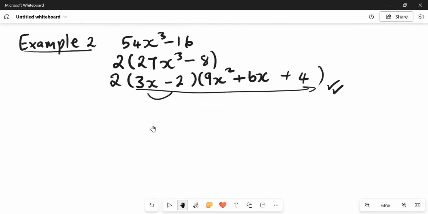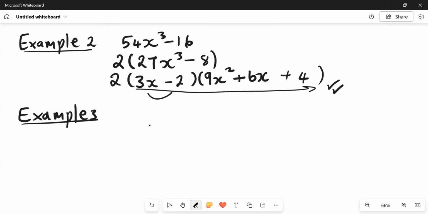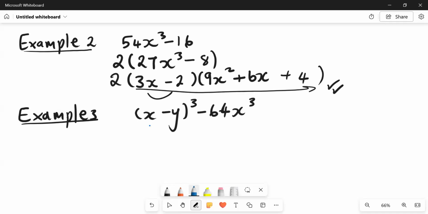Now, moving to example 3, which is our last example. So here we are given x minus y cubed minus 64x cubed. So I just want to specify something. This is our first term, and then this is our second term.